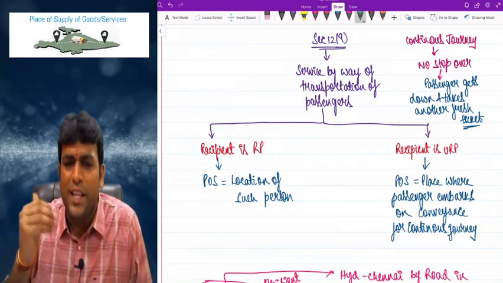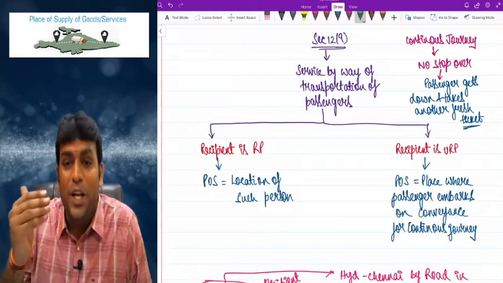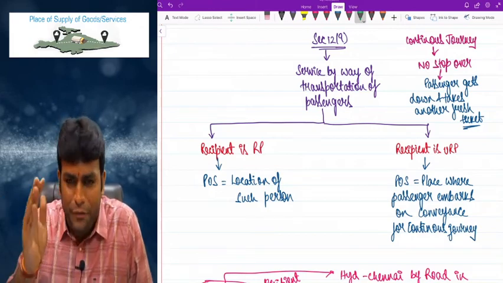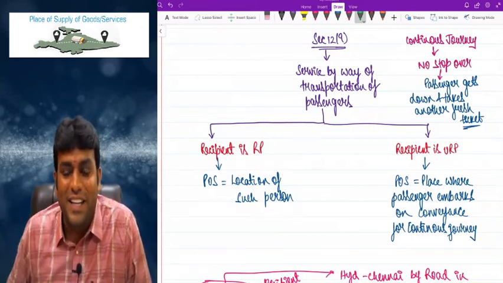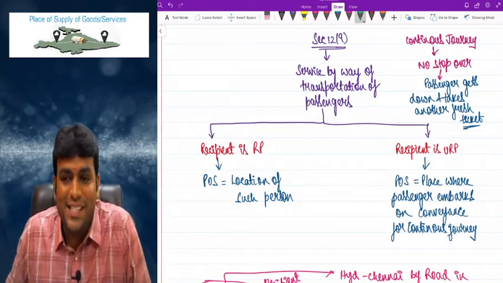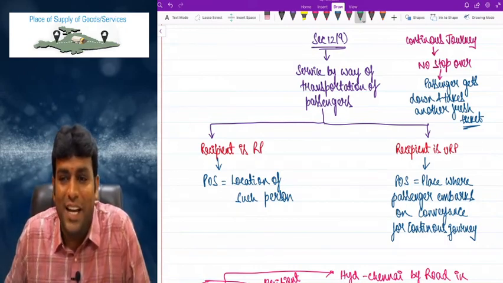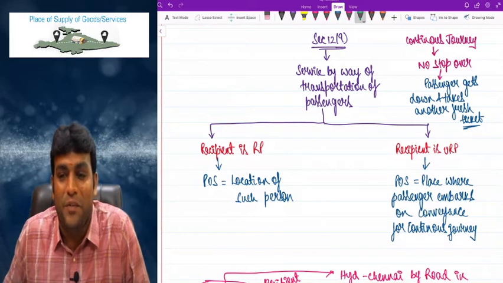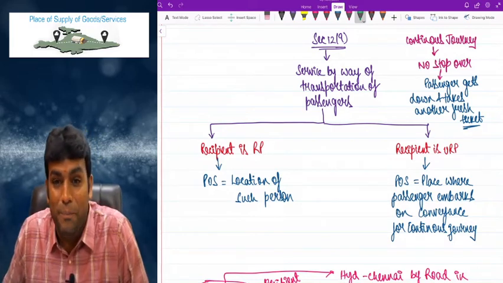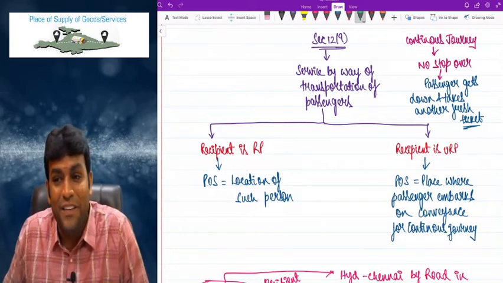Embarks means where he is boarding the flight or train or bus, whatever it is, the place where the passenger embarks on the conveyance for a continuous journey, my dear friends. Such a great point. Very, very important.